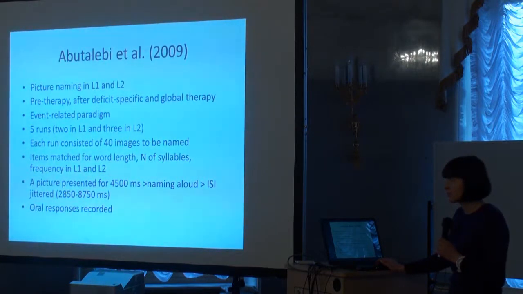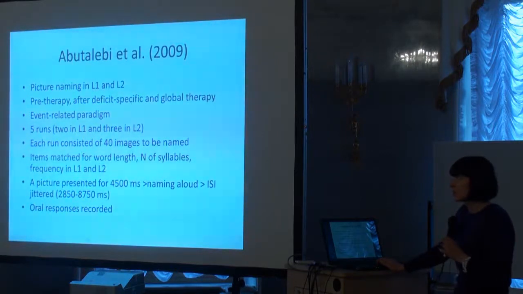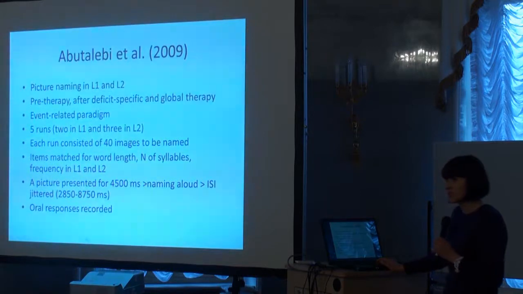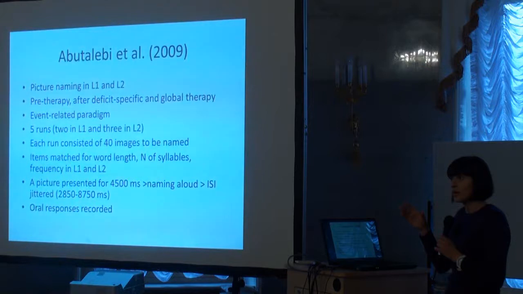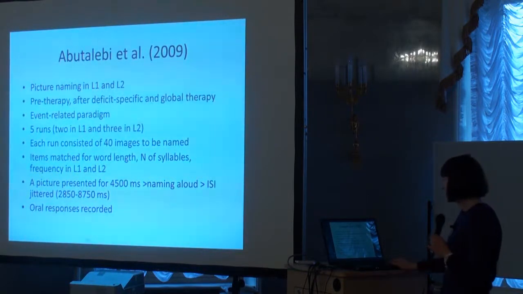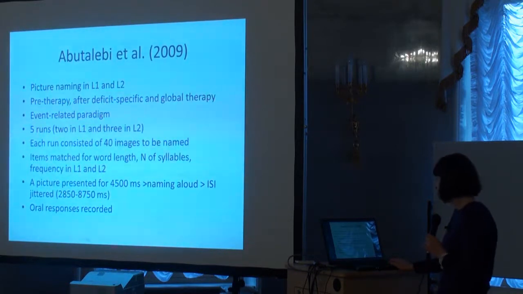Especially it's important in aphasia, because if there are too many movements within a session, then you just have to throw out the data. But if you divide your whole experiment into multiple sessions, then you have all the other sessions survive. So don't pack too much into one session.